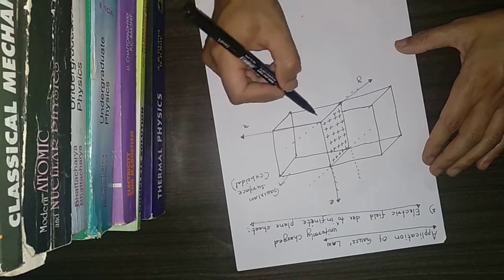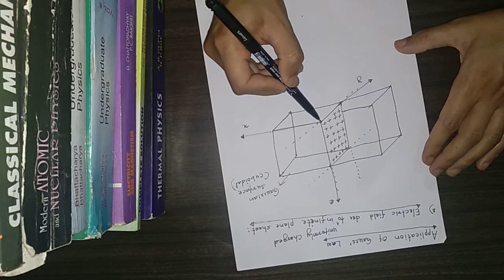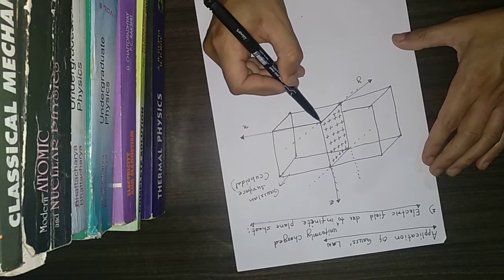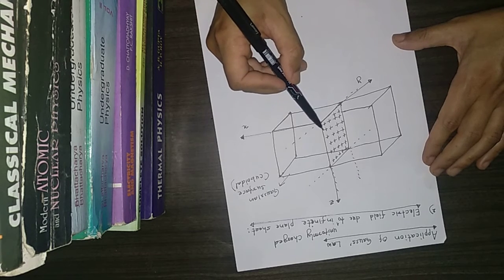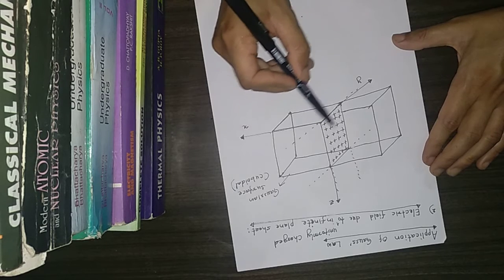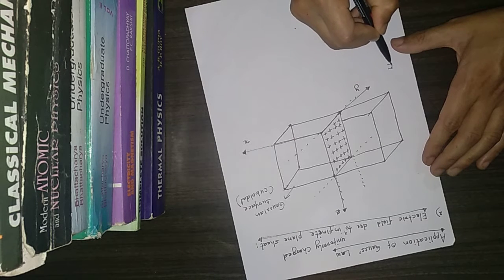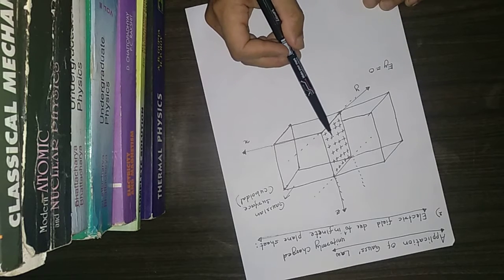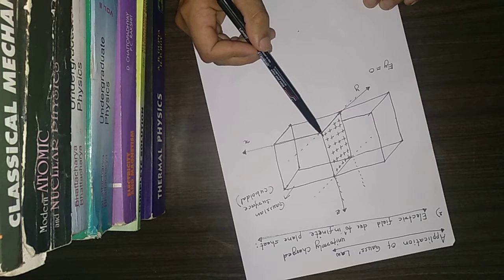First of all, see towards this y direction. This y direction is the direction along the plane sheet. It moves parallel to the plane sheet itself, along the plane of this sheet.